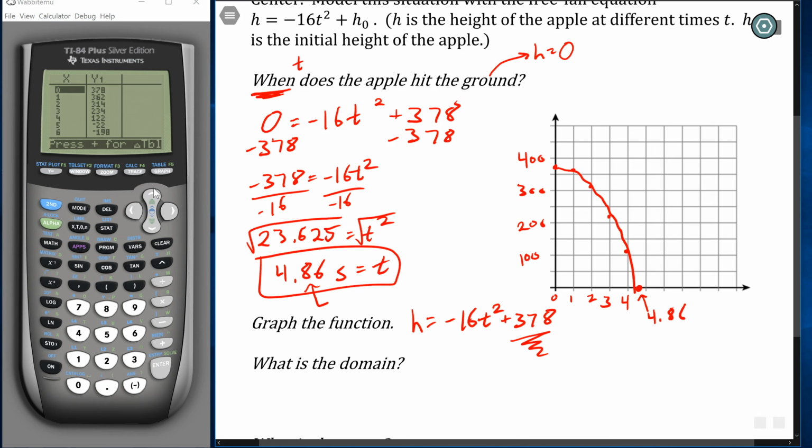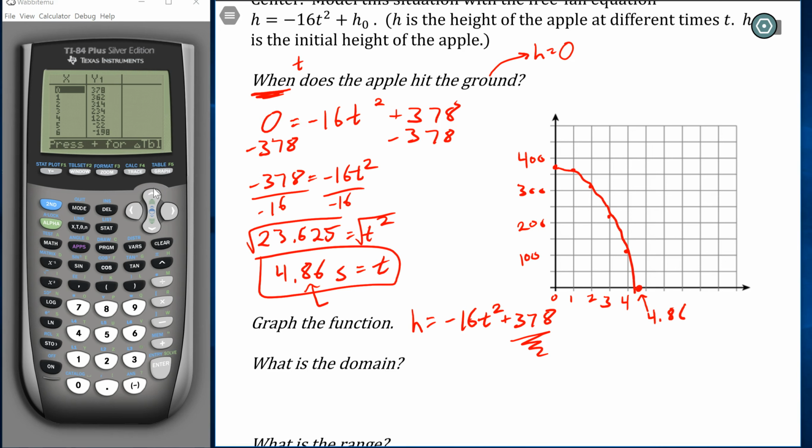Now, in order to show this on your calculator, the nice parabolic curve, I need to adjust my window. So if you click on window, my x min is 0 because I'm not plugging in negative times. Let's make my x max 5 because I know that it hits the ground at 4.86, so I don't need to go past that time.